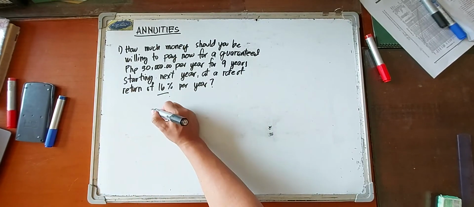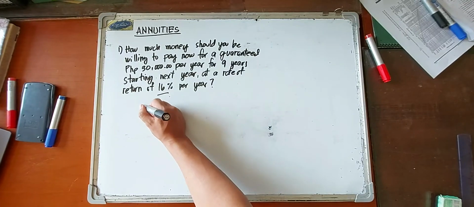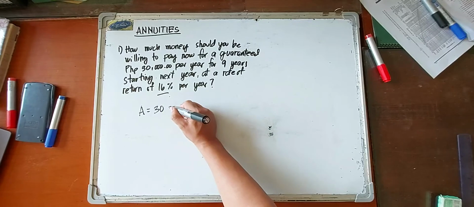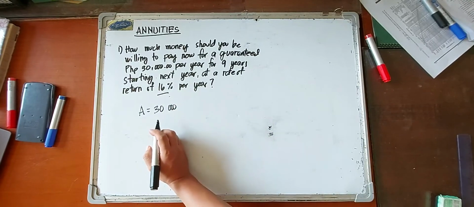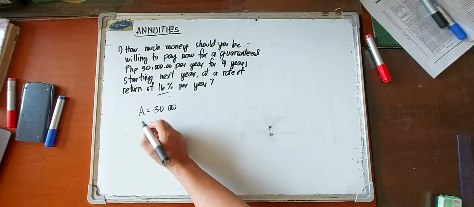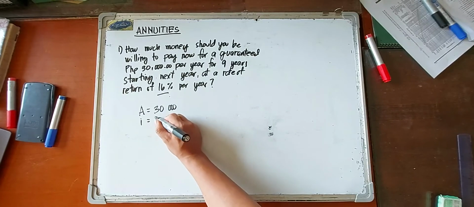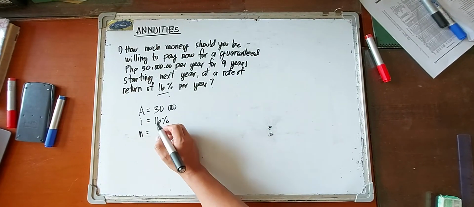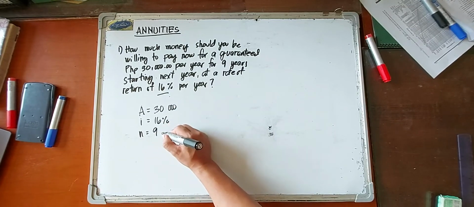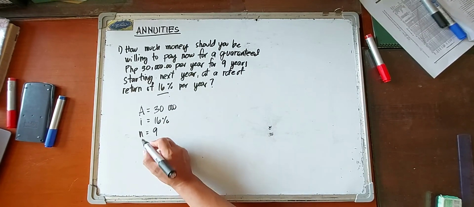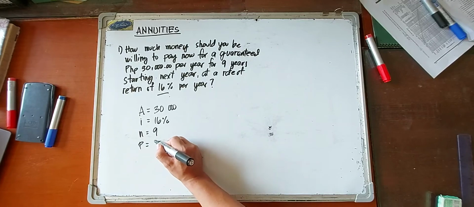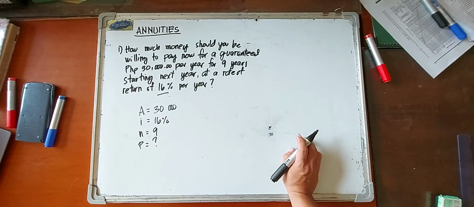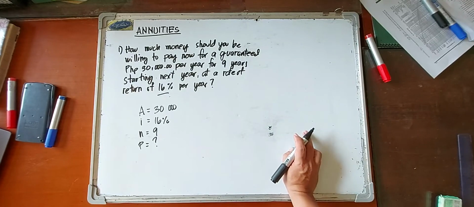So the annual payment or the money that you will be receiving is 30,000. The interest rate is 16%. That would be applicable for 9 years. And then we are solving for the present worth of these periodic payments of 30,000 per year for 9 years.